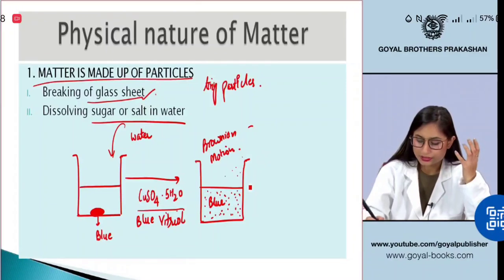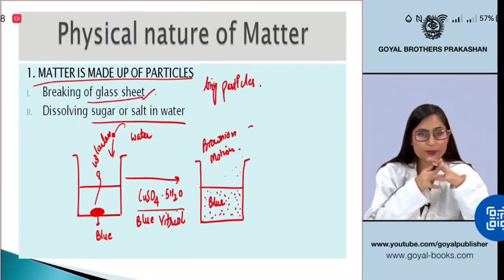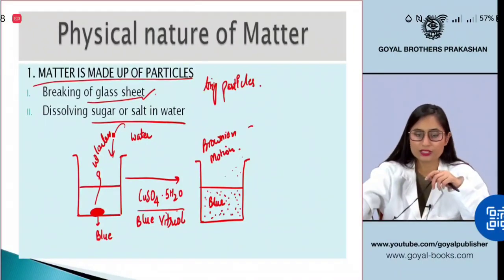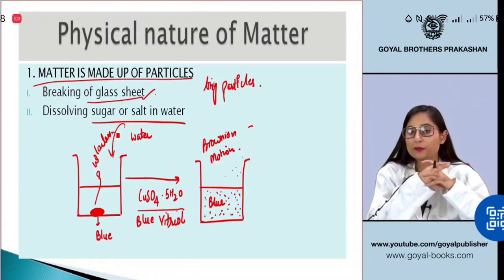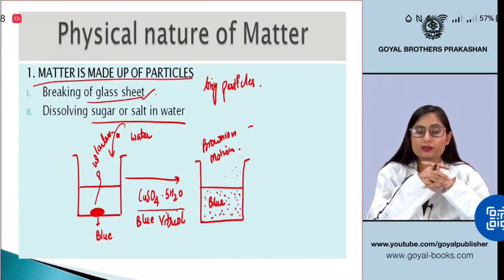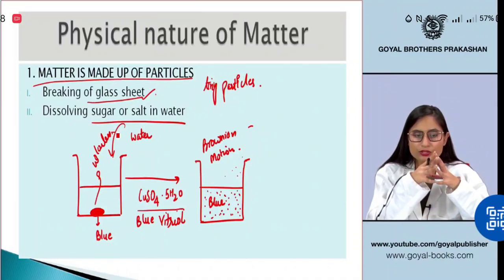We already know water is colorless. On adding copper sulfate, the solution turns blue. Similarly, we can do this with potassium permanganate particles as well, but we have a different kind of experiment for that compound. The blue colored compound spreads throughout the solution to make it look blue.